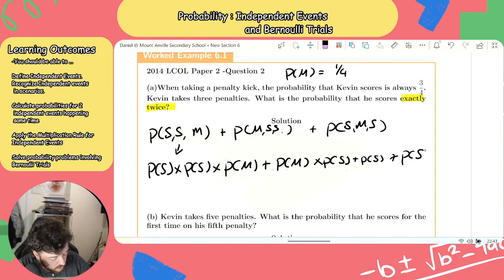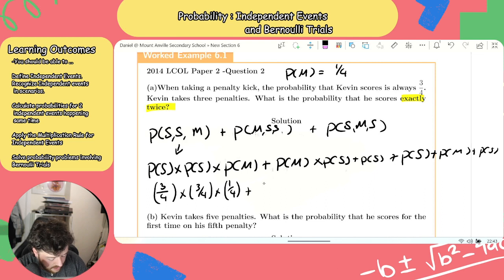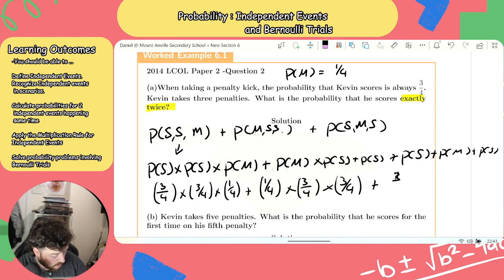The probability of scoring is 3/4, so it's 3/4 times 3/4 times 1/4, plus 1/4 times 3/4 times 3/4, plus 3/4 times 1/4 times 3/4.